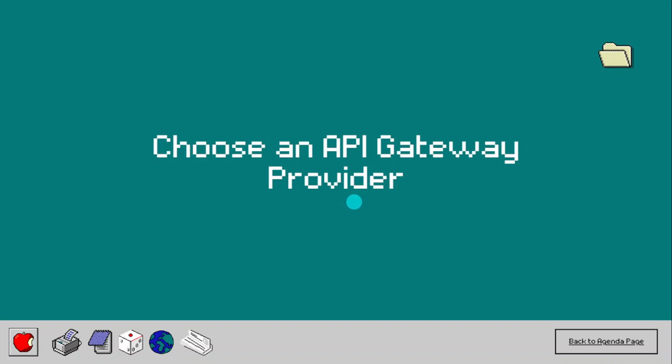Some popular options include AWS API Gateway, Kong, Tyk, and Apigee. Those are some API gateway providers you can use.